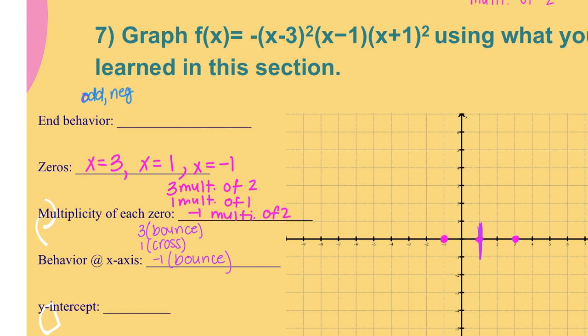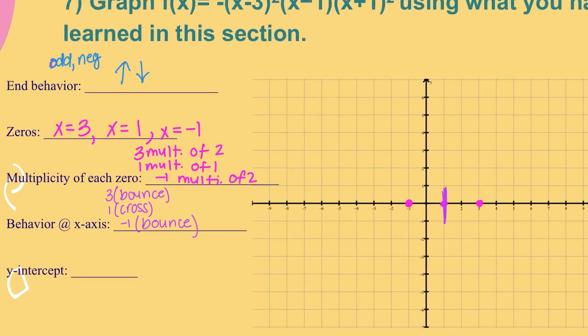So that's telling me again what direction my end behavior goes in. So odd means it goes in opposite directions, and negative is telling me it goes up and down. Up first and then down. Okay, so I can go ahead and graph those, and then I can graph my behavior at x-intercept, or at the x-axis.